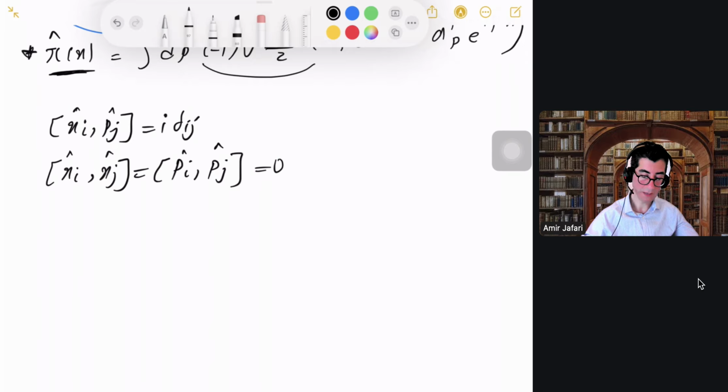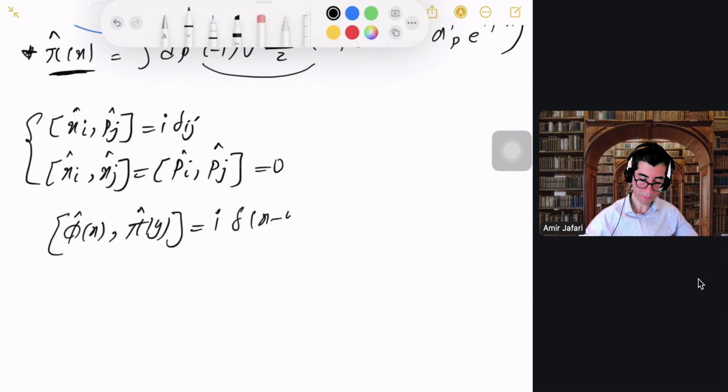These are 0. So similar to these, now we write down phi(x), pi(y) as operators should be i delta(x minus y).